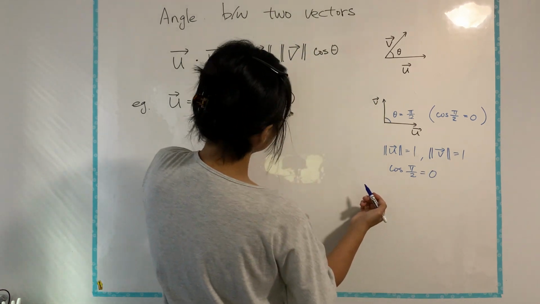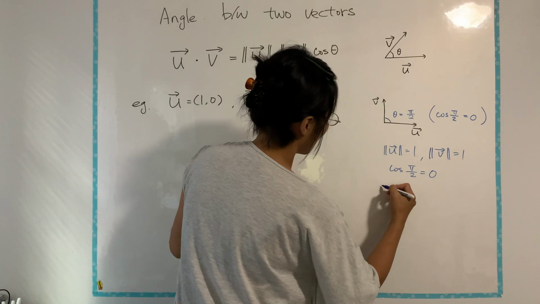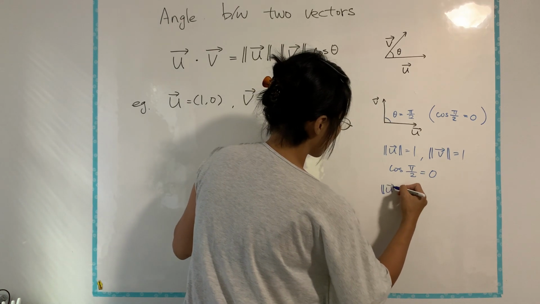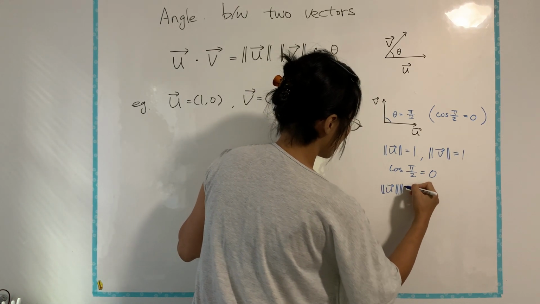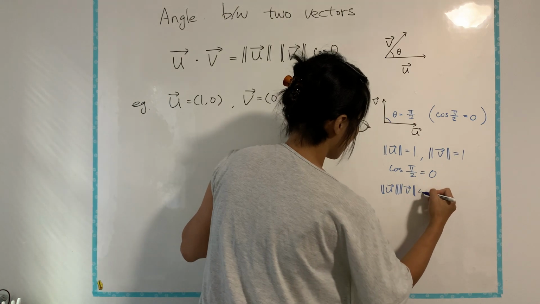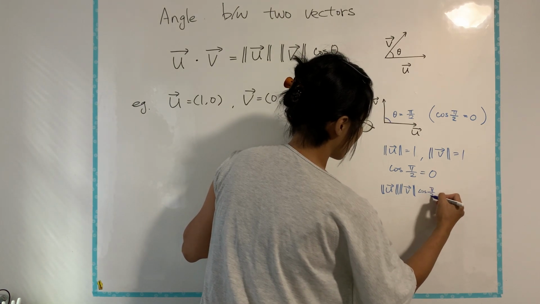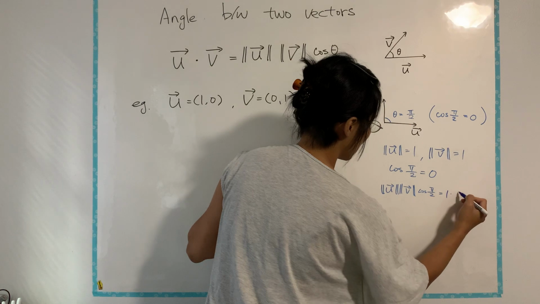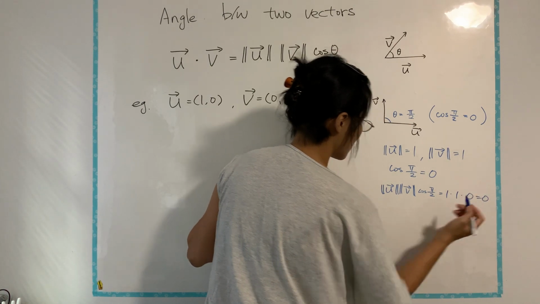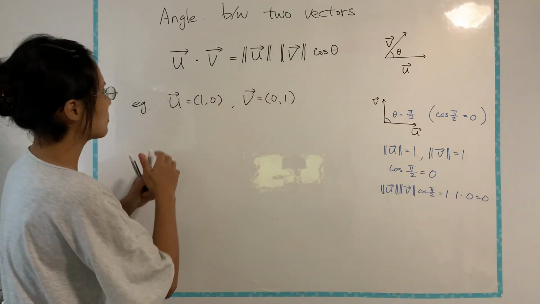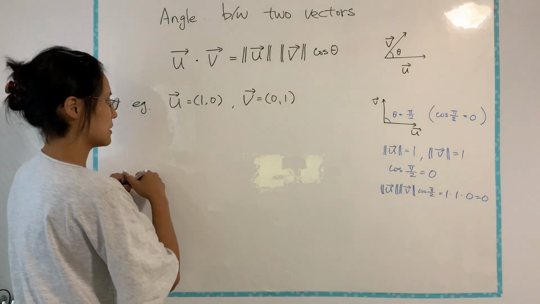So on the right hand side, we have the length of u times the length of v times cosine theta. This equals 1 times 1 times 0, so this is 0. So let's go back and see if the dot product does give us 0.